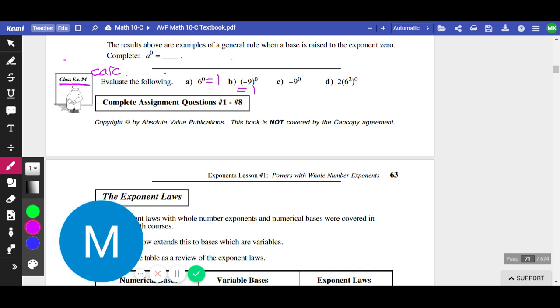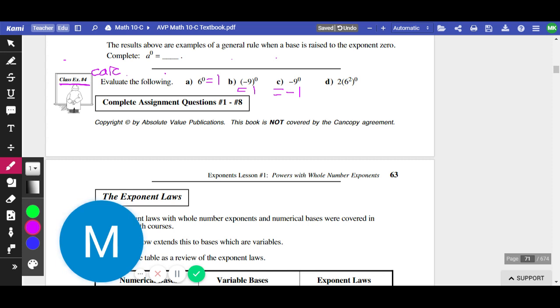Awesome. If you do C and you don't put brackets, -9 to the power of 0 equals -1. The reason it's -1 is because 9 to the power of 0 is 1, and then the negative wasn't a part of the base, so it's still 1.